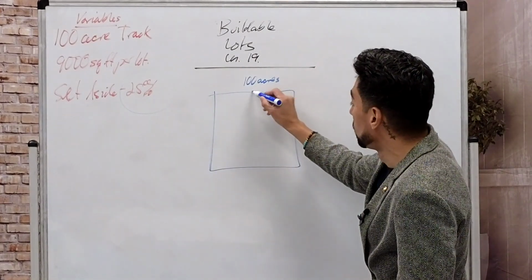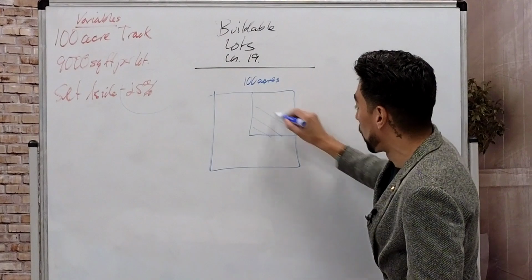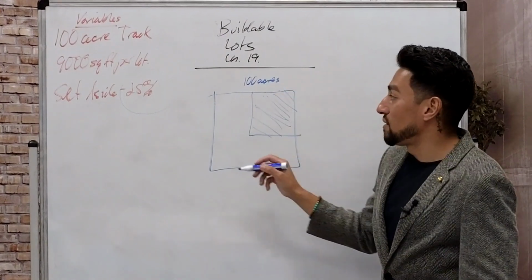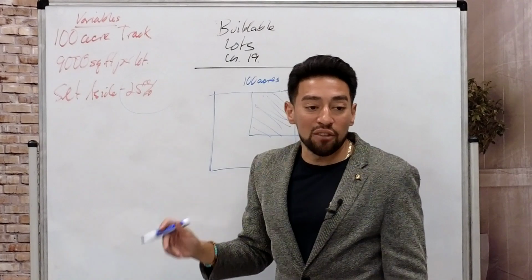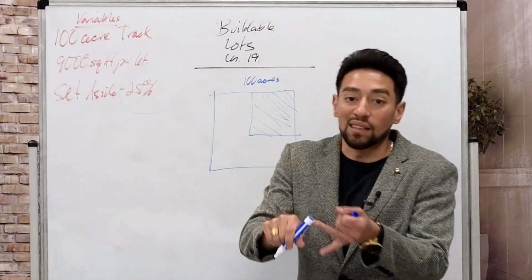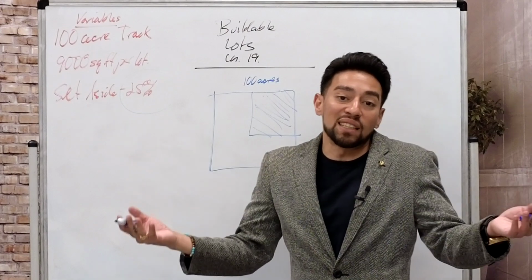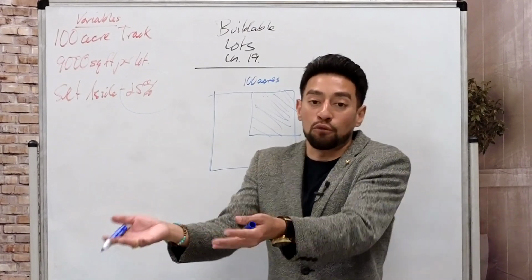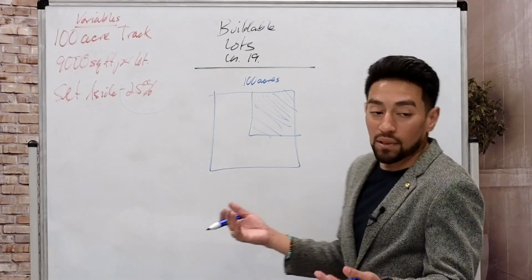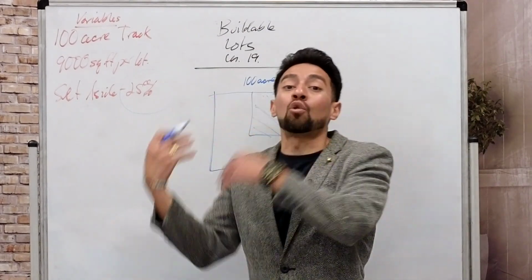All I have to do is remove a quarter of the land, because 25% of it I can't build on. I can't use it for my lots because I need streets, sidewalks, and other things that are going to be required for the subdivision. So ultimately, that will be my logical step. I have 100 acres, remove a quarter of it.